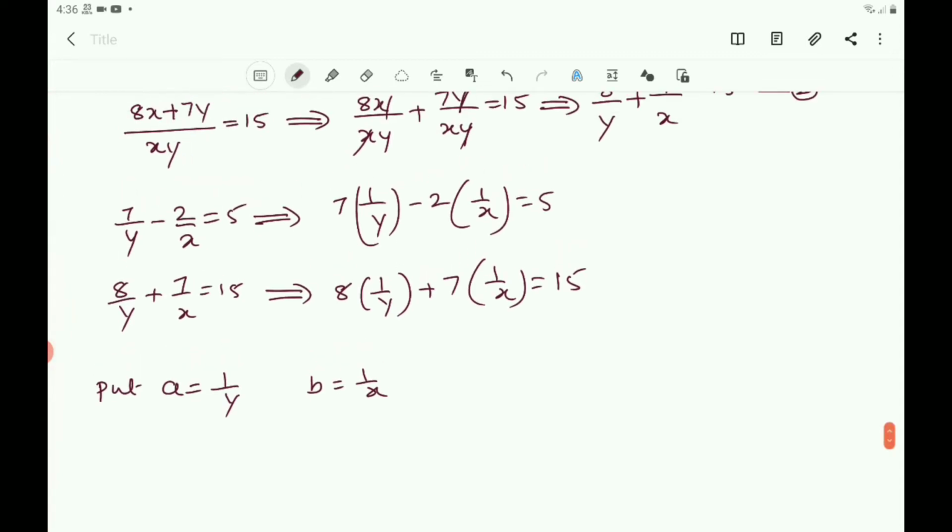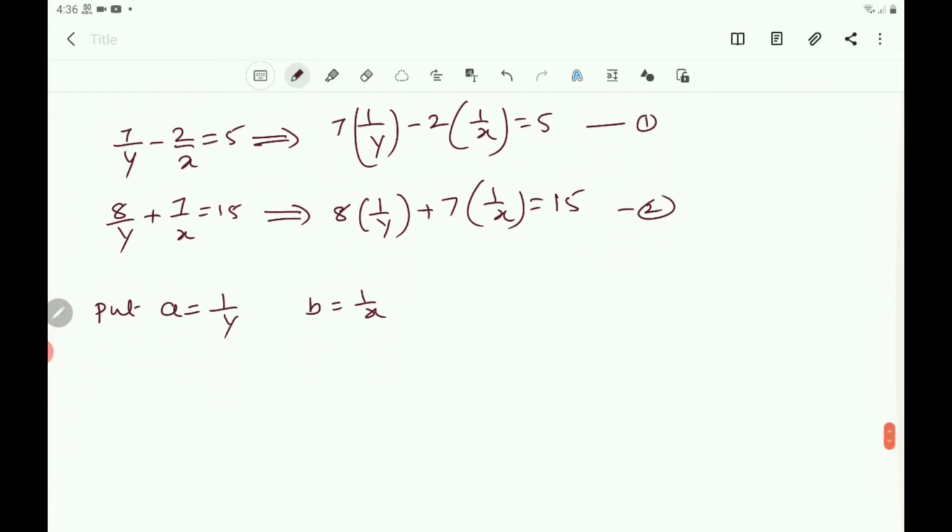Now equation 1 becomes 7a minus 2b equals 5. Here 7 into 1 by y becomes 7a, and 2 into 1 by x becomes 2b.